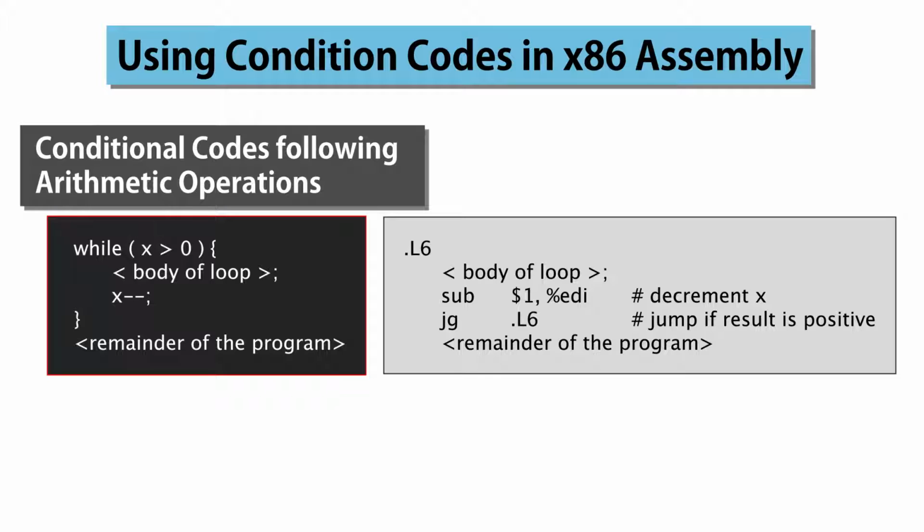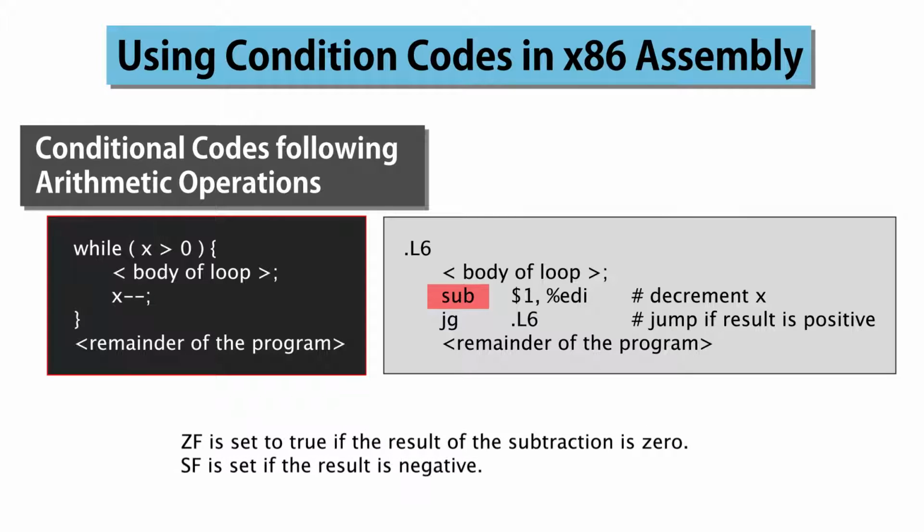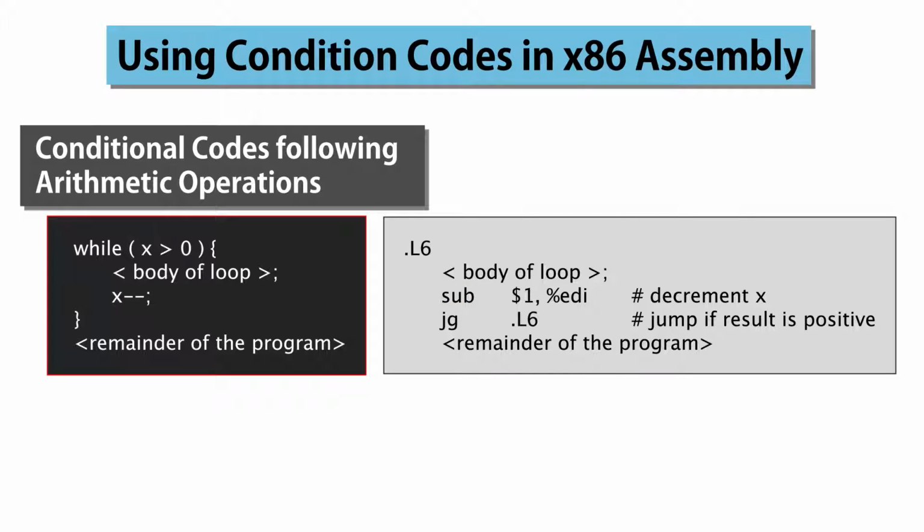A side effect of the subtraction instruction is the setting of the condition codes. As we've already explained, ZF is set to true if the result of the subtraction is 0. SF is set if the result is negative, and OF is set if the result caused an overflow. For our example code, a positive result means that we haven't yet reached the terminating condition of the loop.